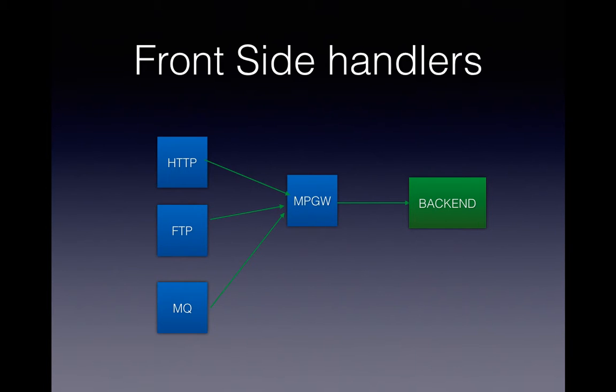The same holds true if your third party is able to do only FTP: you can have an FTP front-side handler. A single multi-protocol gateway can have n number of front-side handlers, but a front-side handler should definitely be associated with a multi-protocol gateway. Otherwise, in the DataPower appliance, you will see an error that the front-side handler is not mapped to any multi-protocol gateway. Okay.